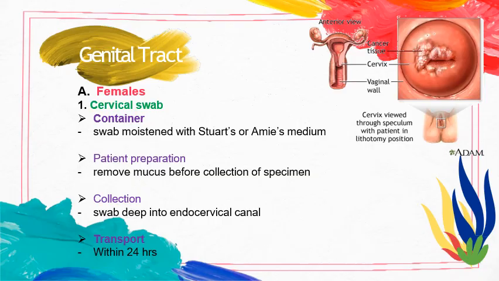Here in your genital tract, for females, your cervical swab, you are going to use a swab moistened with Stuart's or Amies medium. The patient preparation is to remove mucus before collection of the specimen. Collection is to swab deep into the endocervical canal, and within 24 hours it will be transported to the laboratory.